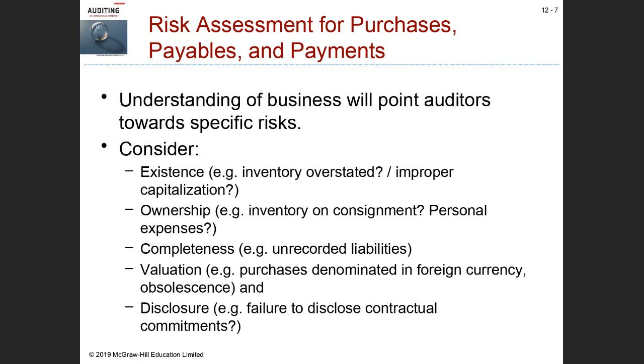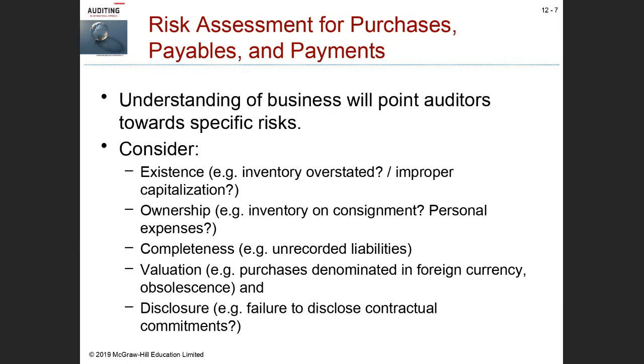Personal items, of course, should not be recorded as purchases expense in a business. Owners of businesses can buy things and use company money, but it has to be charged to their own account. It has to be set up as a receivable from the shareholder. It's not an expense of the business.